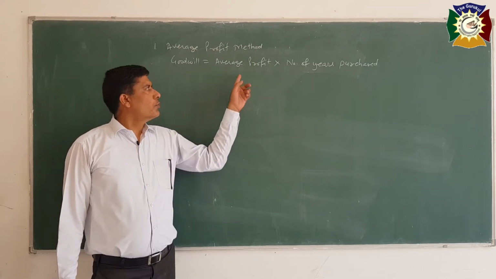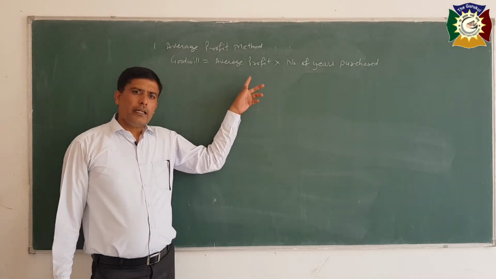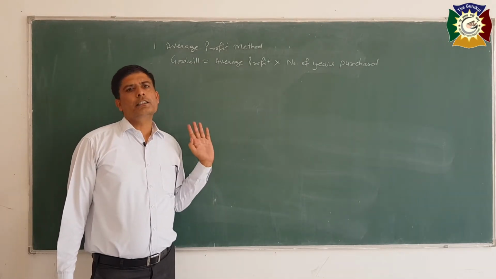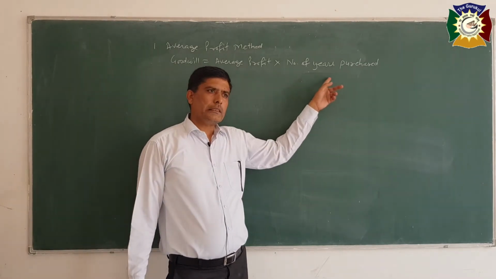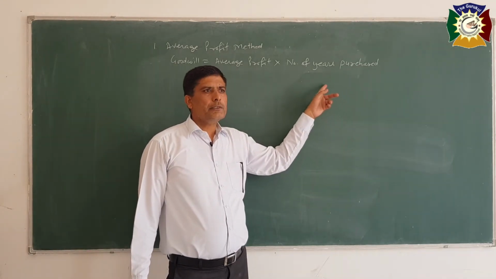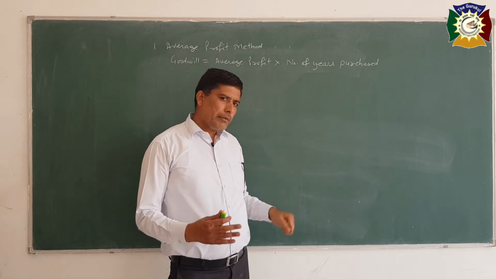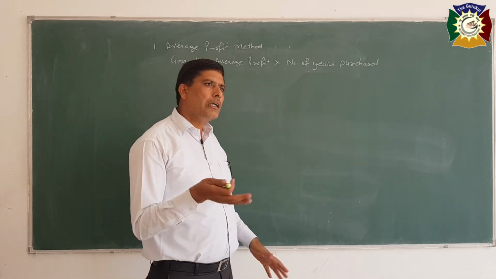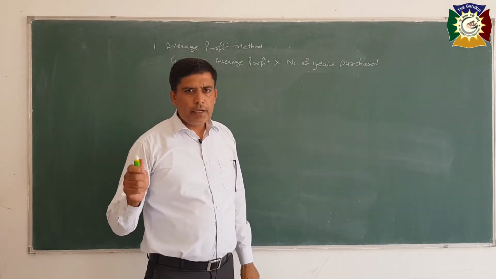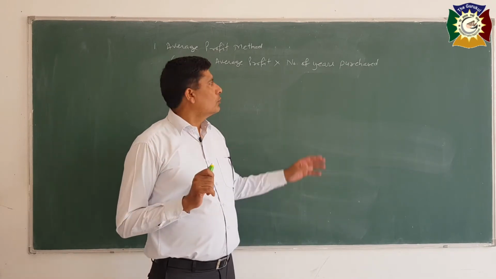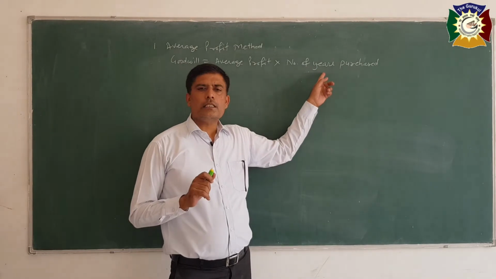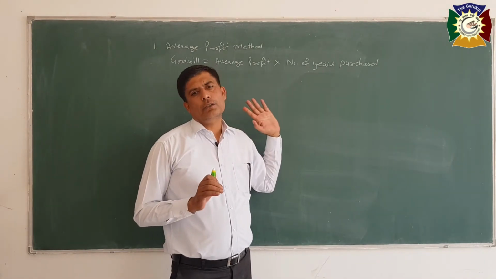Like if 4 years' profits are given, add the profits of 4 years and divide by 4, and multiply it by number of years purchase. Number of years purchase means whatever is the trend of profits we have earned in the past, for how many years it will continue in future. So this number of years purchase will be given to you in the question.